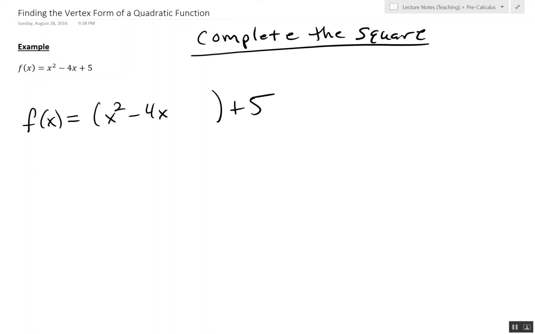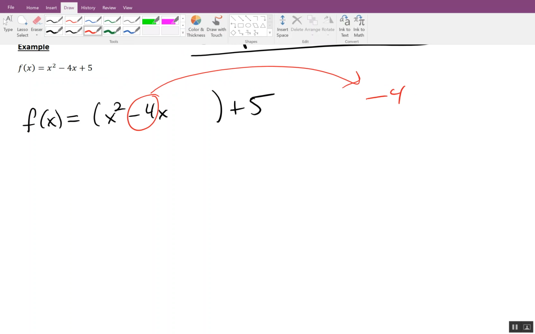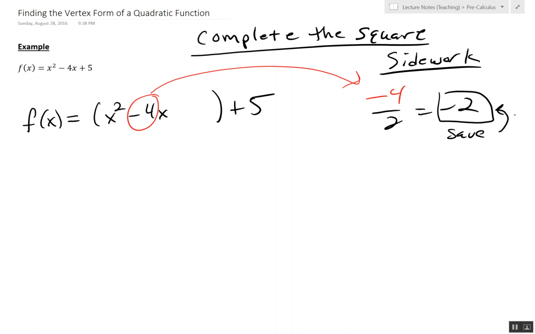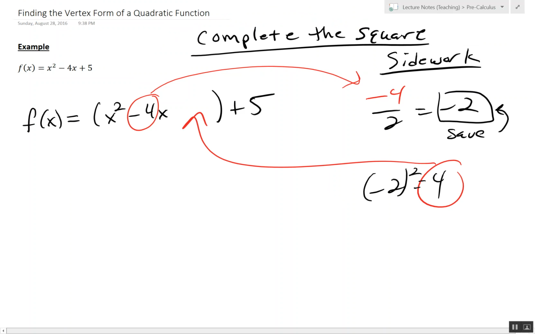We're going to take this negative 4, do some side work. Divide by 2, we get negative 2. This is what we're going to save. Then we're going to take the negative 2 and square it and get a 4. So that plus 4 is going to go in here.